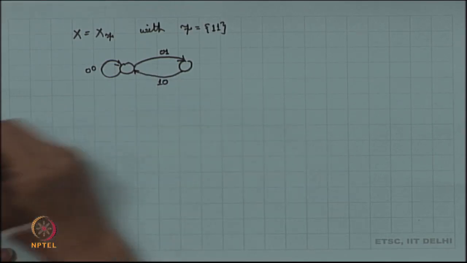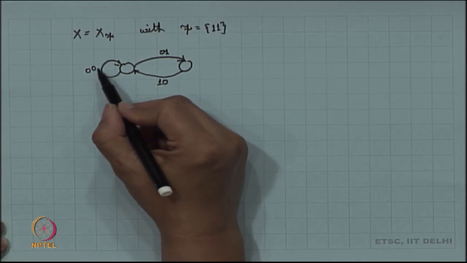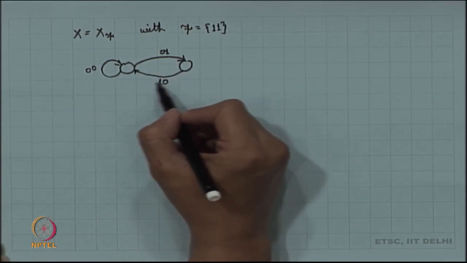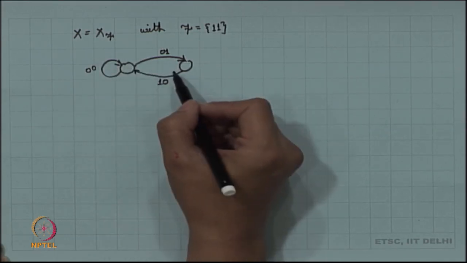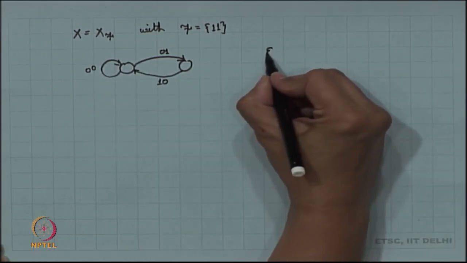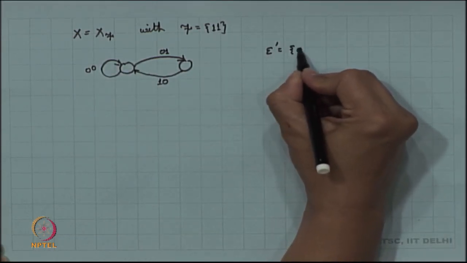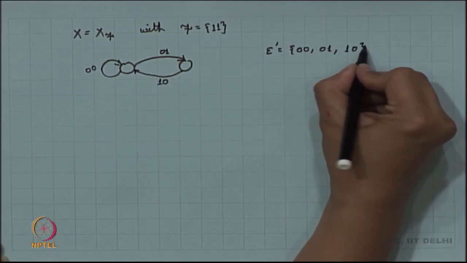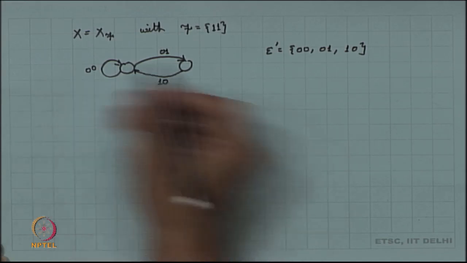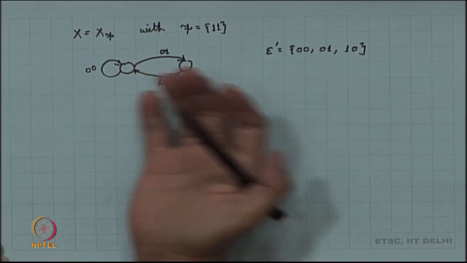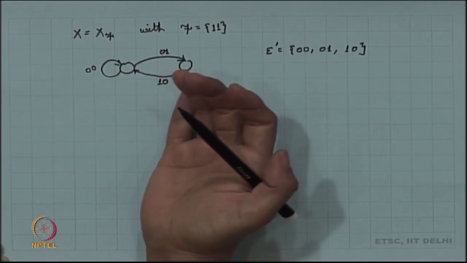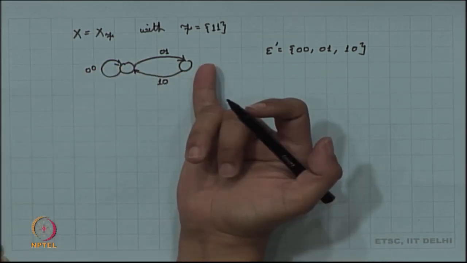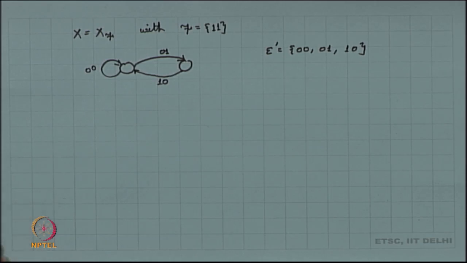So, we have a 10 here. Now, this is an admissible graph, and one can see that this edge shift, with my edges being now 00, 01 and 10, gives me an edge shift, and that edge shift is basically my golden mean subshift of finite type.